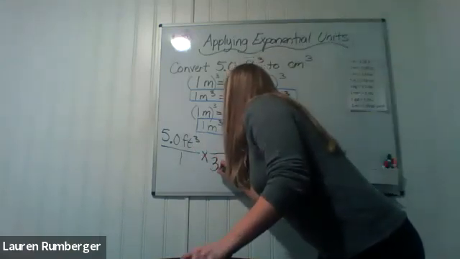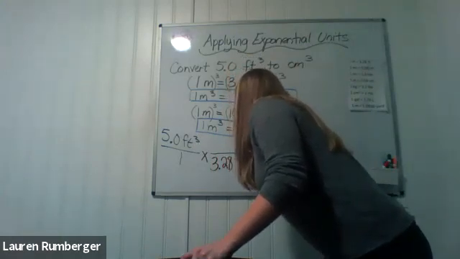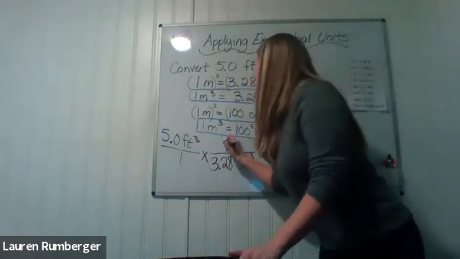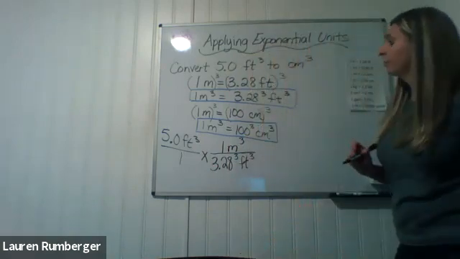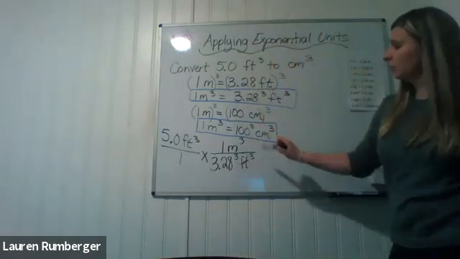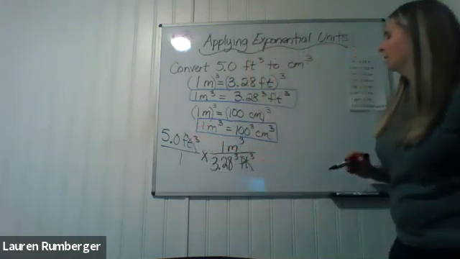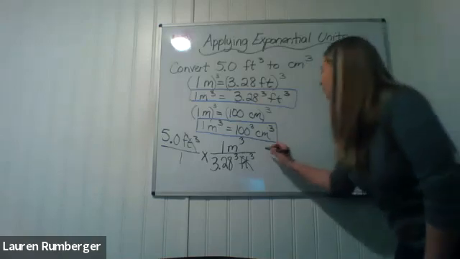So it's going to be 3.28 cubed feet cubed, and then 1 meter cubed on the top. So that's our first step. We're going to convert now from meters cubed to centimeters cubed.